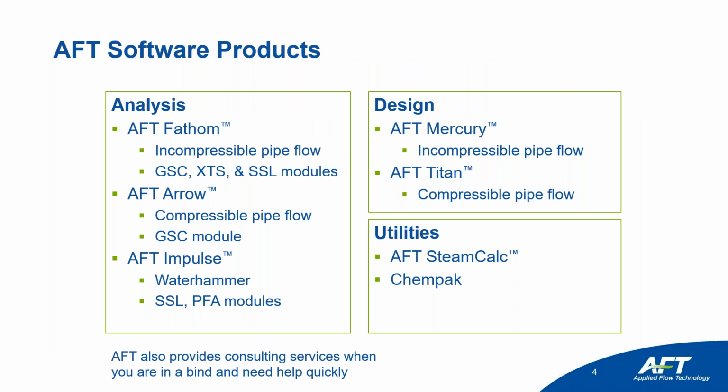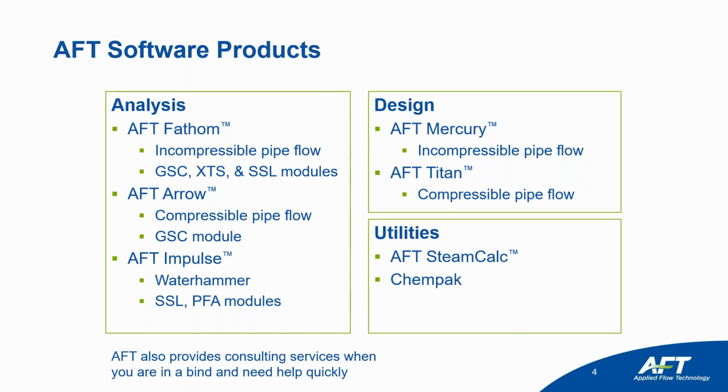Just a quick highlight of our main AFT products. We have AFT Fathom for steady state modeling, AFT Arrow for gas flow, compressible flow modeling, and then Impulse is for Waterhammer, and it's for liquid piping systems. I'm not going to spend very much time going through each individual product and what they do.